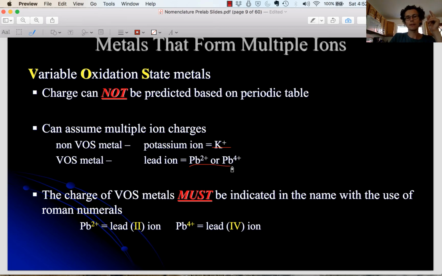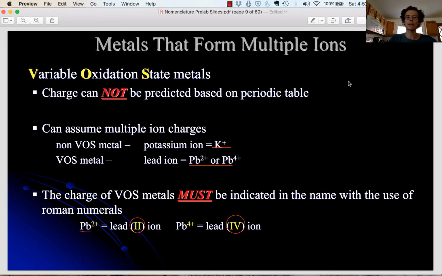Variably charged metals are like lead. See, lead can be 2+ or 4+. And then importantly, for the variably charged metals, you have to indicate their charge with that Roman numeral, right? So you've got lead 2 ion. That Roman numeral 2 indicates that you're dealing with a +2 ion. And then for lead 4+, you have to have that Roman numeral 4 in order to indicate which ion you're talking about.